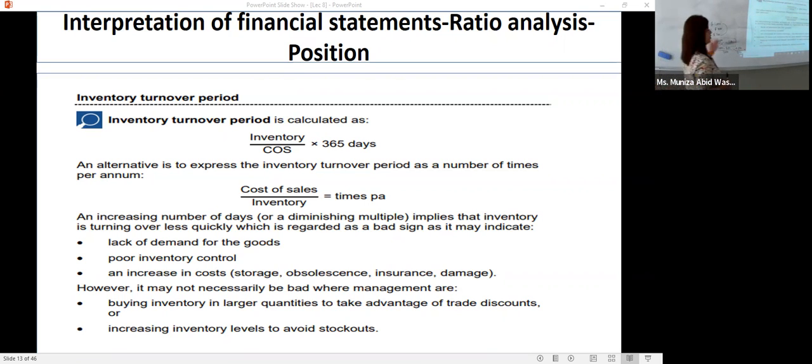This could be one of the advantages while the organizations are having bulk inventories. And increasing inventory levels to avoid stock outs. Nowadays, students, the organizations are not going to have a lot of inventory because we are in such an era where TQM, total quality management, just-in-time inventory levels, all the Japanese techniques are in place.